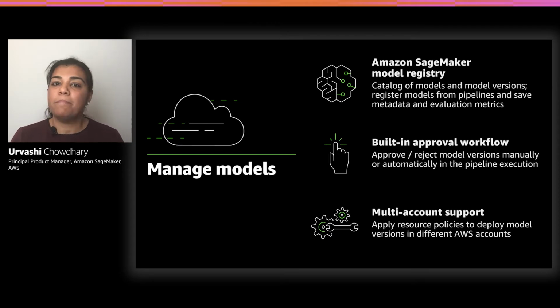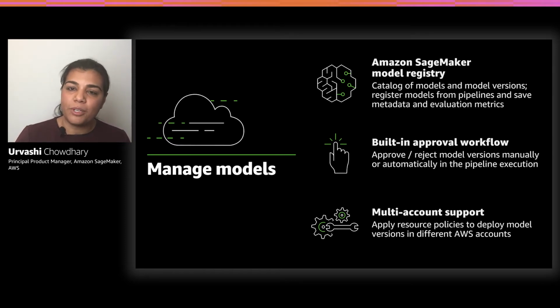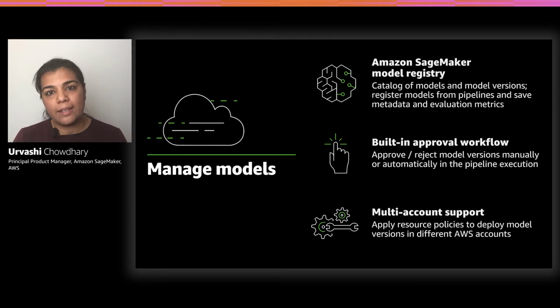This helps you compare models and look at the details of the models once these have been registered. The model registry also provides a built-in approval workflow, so you can approve models from Amazon SageMaker Studio and decide if those models are meant to be promoted to production or not. You can even register models with approved status automatically as part of your model building pipeline.